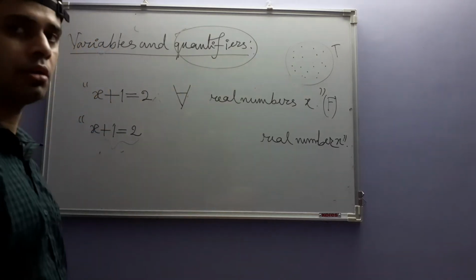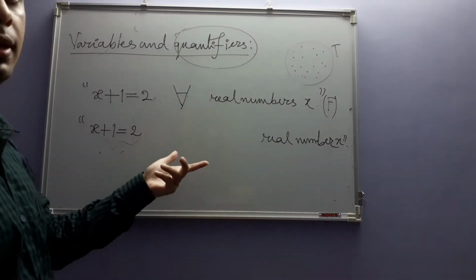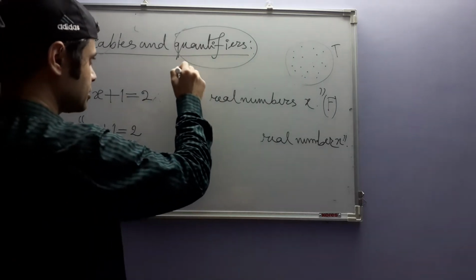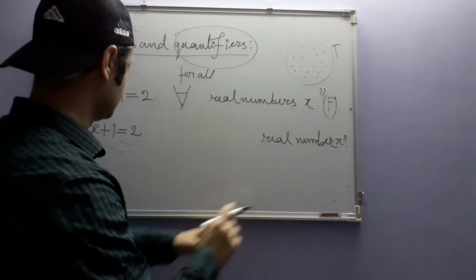Put a horizontal bar, it's like an upside down A, capital A. This is the same as "for all real numbers x."